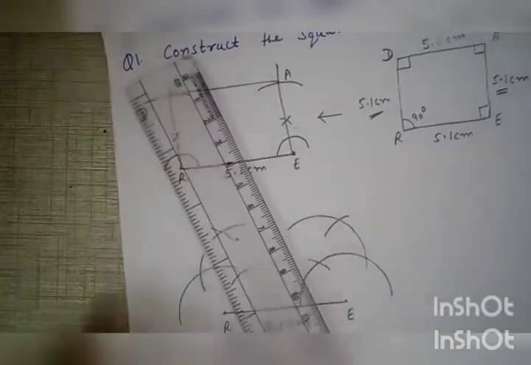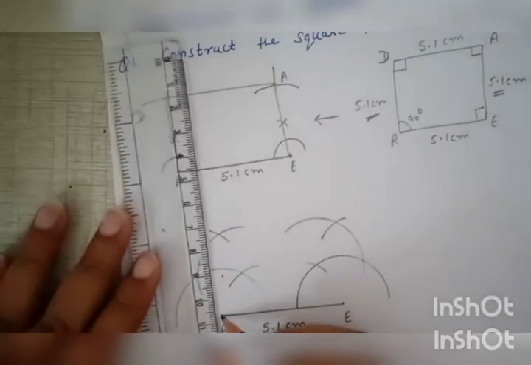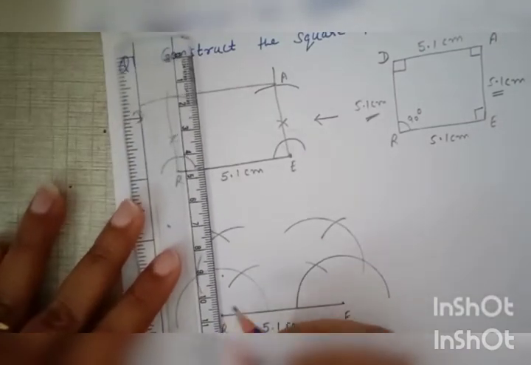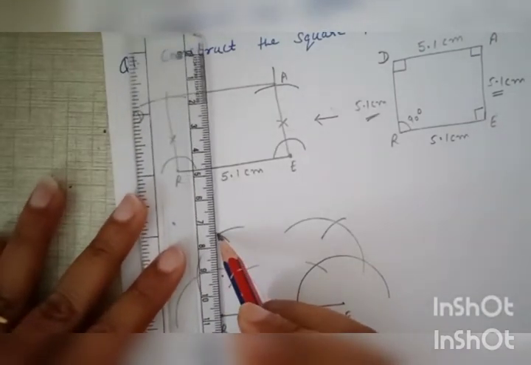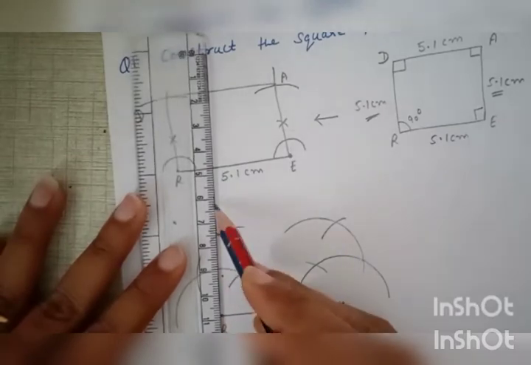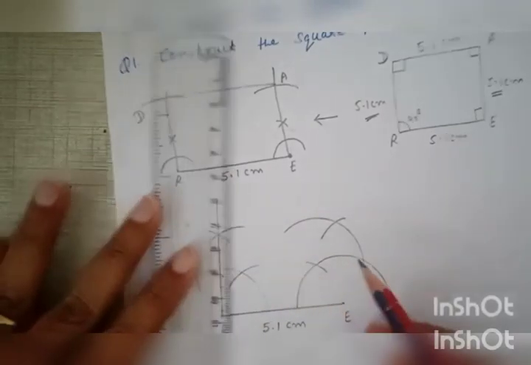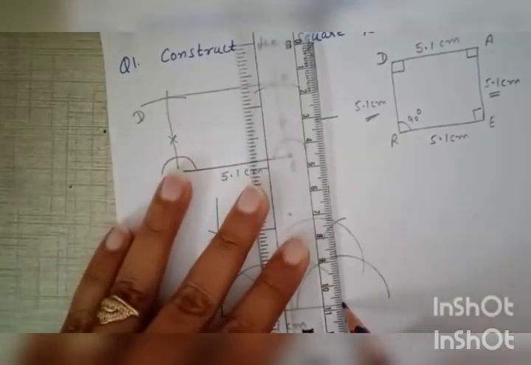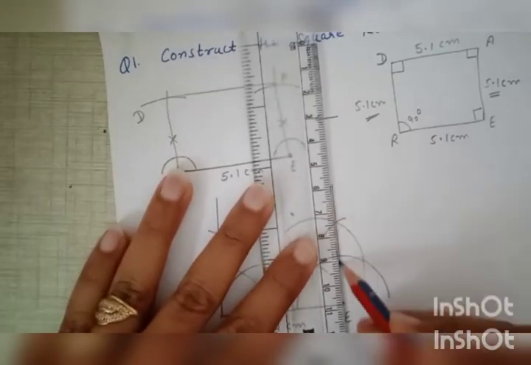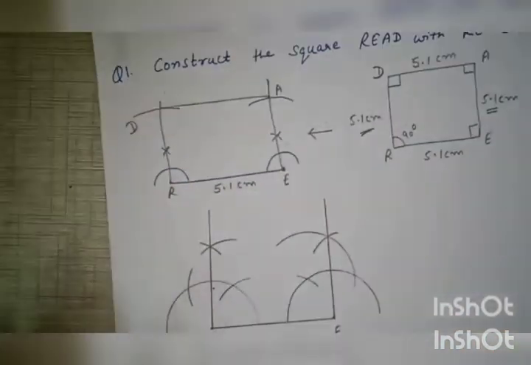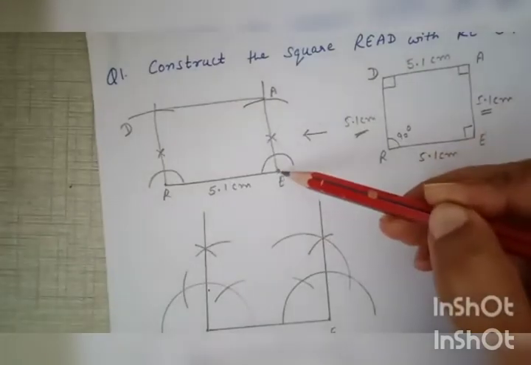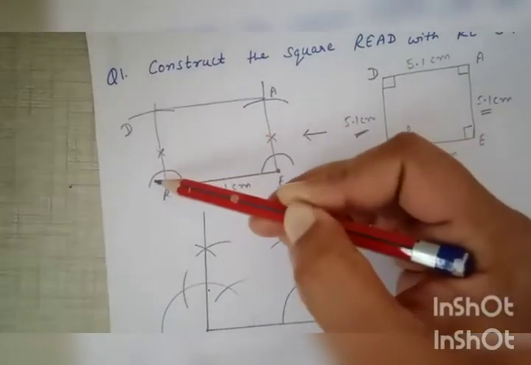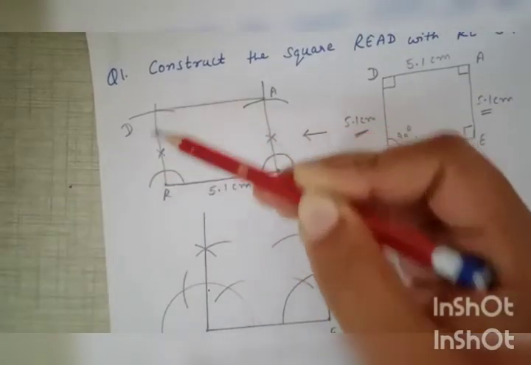Now let us join these points. It's R and this. If I join them, I'll get this 90 degree and this 90 degree. Further, I have to draw an arc of length 5.1 on both 90 degree angle.